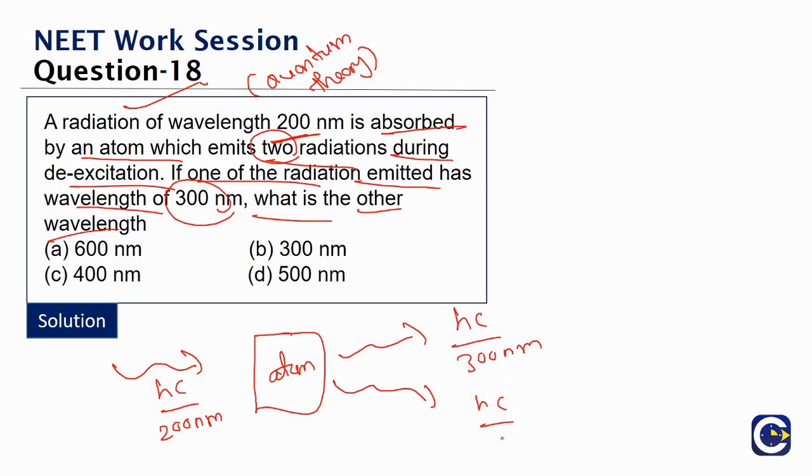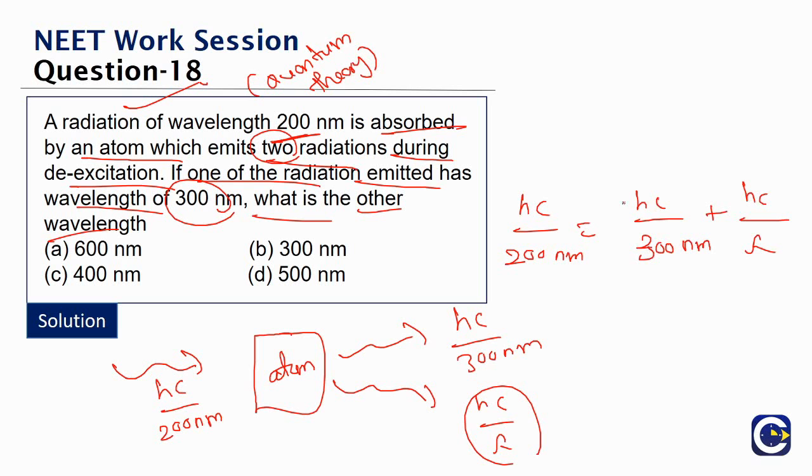The other one is the unknown, which will carry hc by lambda. If you do the energy balance, the total energy absorbed will be emitted out in the form of 2 radiations. So total energy emitted is equal to total absorbed.